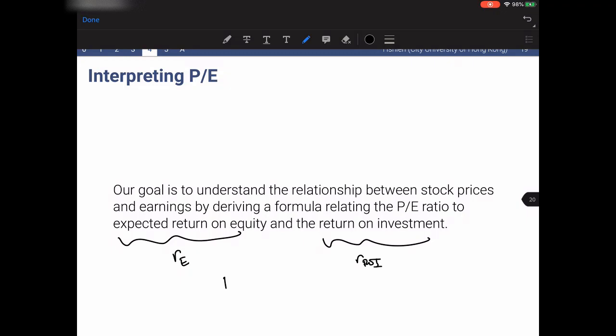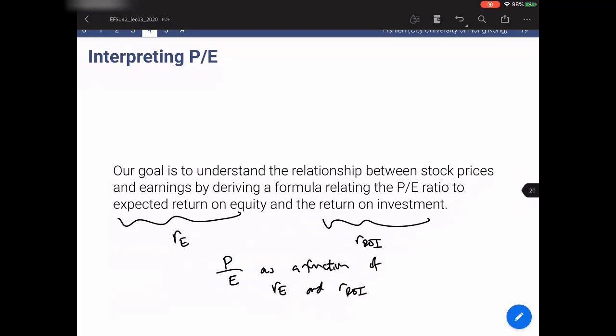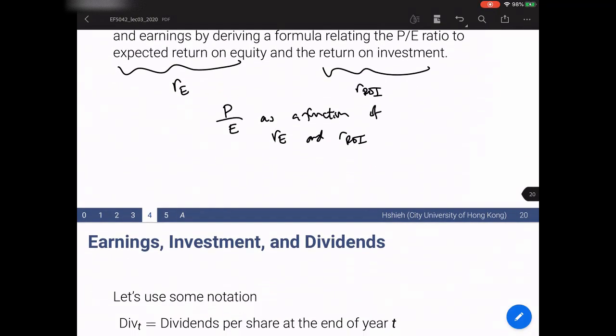So in other words, we want PE as a function of RE and ROI. So let's start doing that. Let's build a relationship between prices and earnings through these two variables that we've seen already.